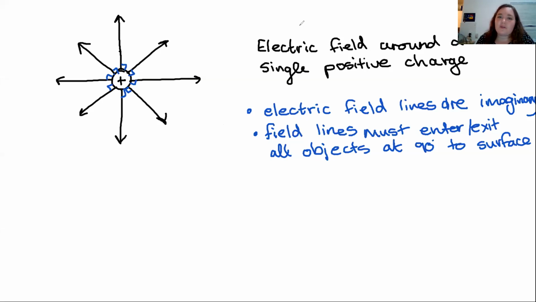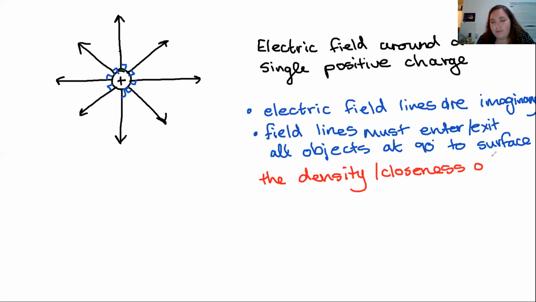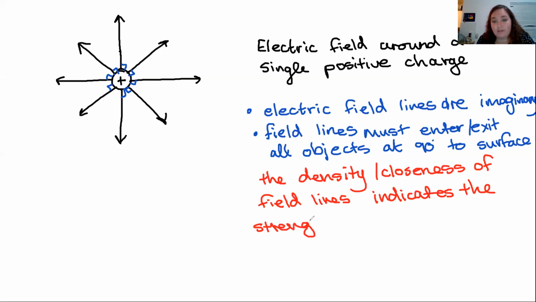And then this isn't really a rule, but it's a point. The density, or closeness, of the field lines indicates the strength of the electric field.